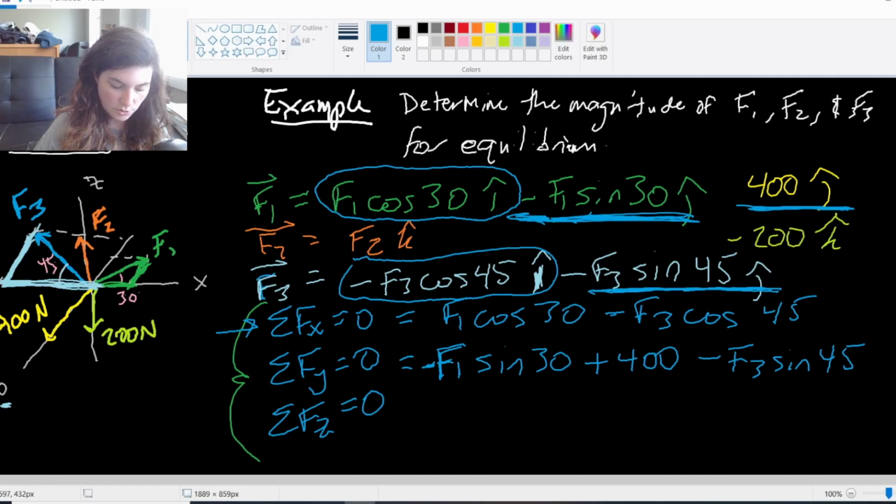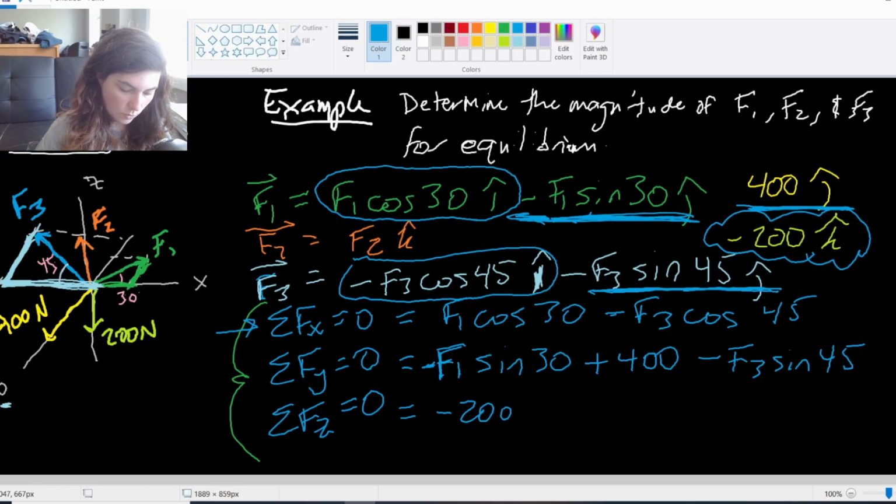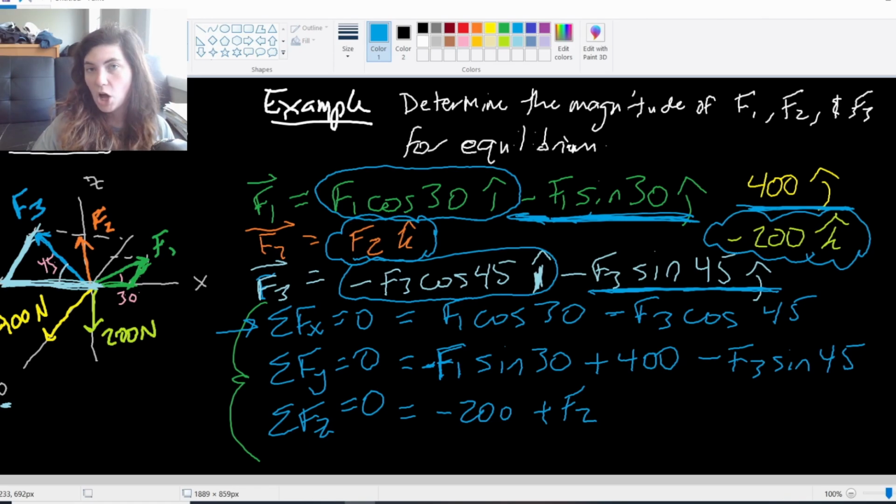And now we'll finally do our z equilibrium equation, which is all of our k hat components. So that's our -200, and there was only one other k hat component, one other z component, which is plus F2. So now if I want to go through and start solving these, our z equation is basically solved for us. You just add 200 over to the other side.